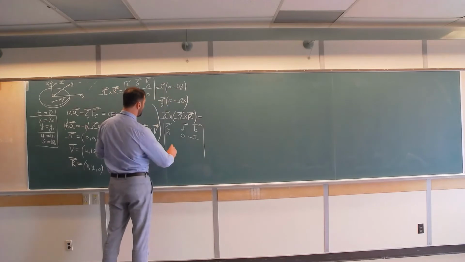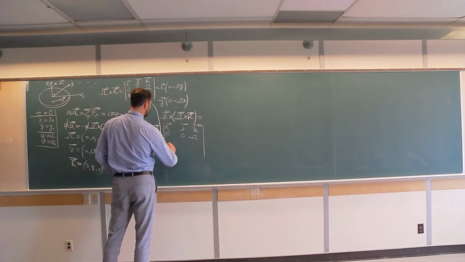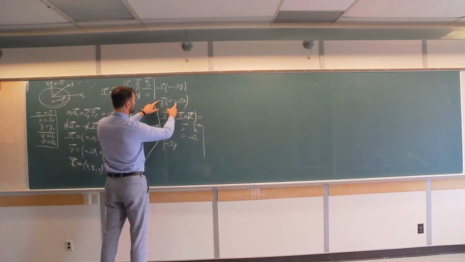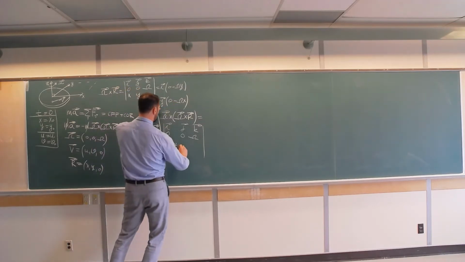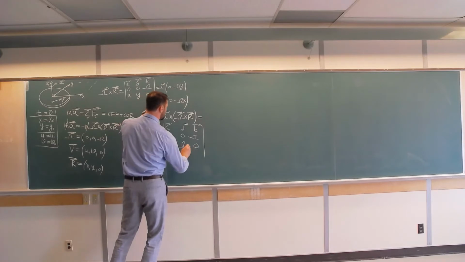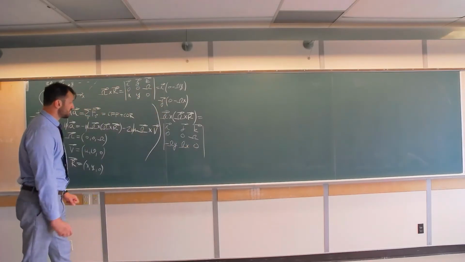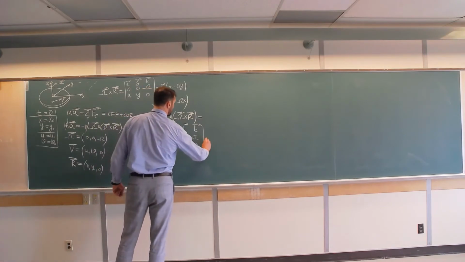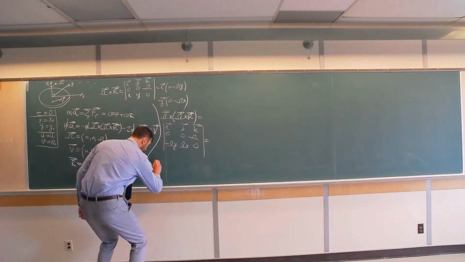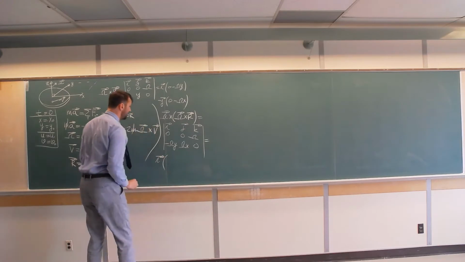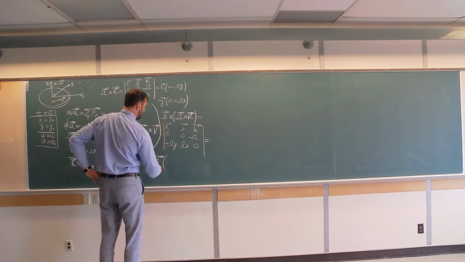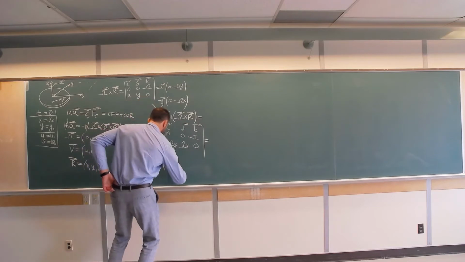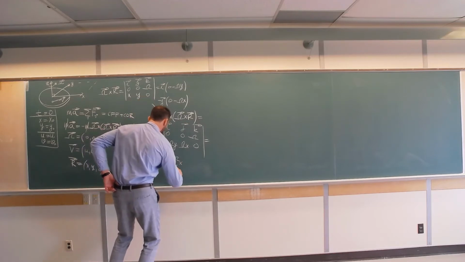So that would be minus omega y, and this minus will give me plus omega x, and there is no component in the z direction. Therefore, this is further equal. In the i direction, we have minus omega square x.